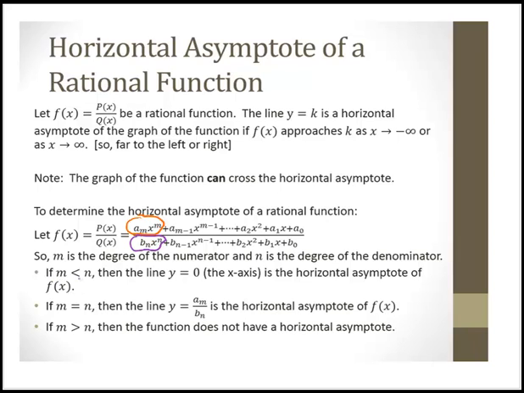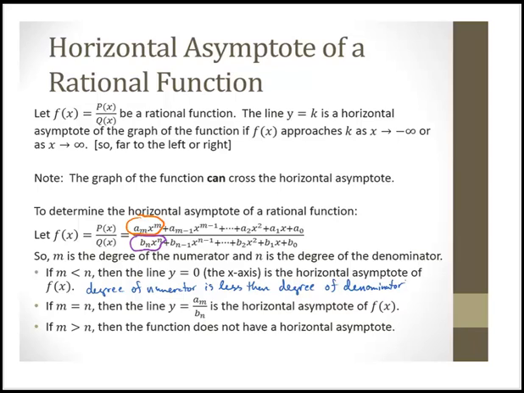If m is less than n, what does that mean? If the degree of the numerator is less than the degree of the denominator. All right, so this is the first case.